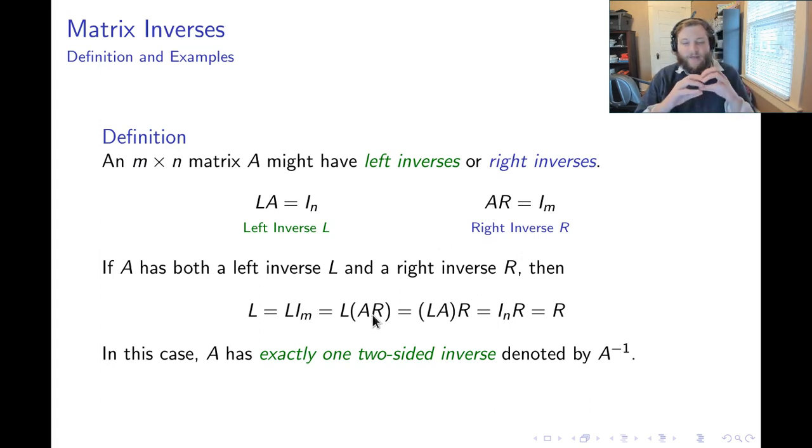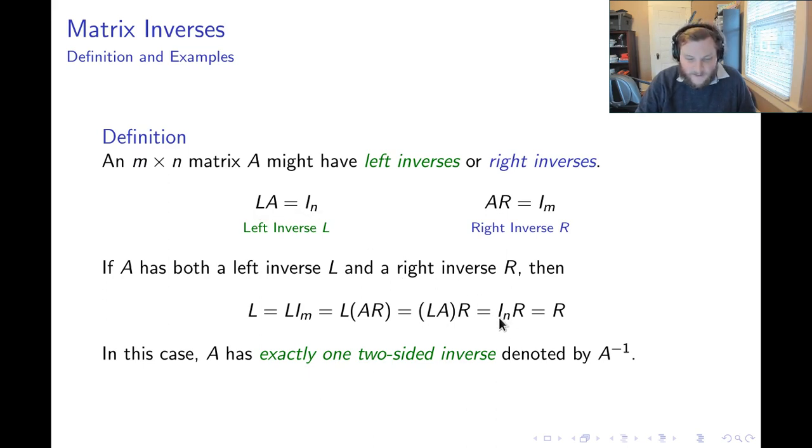And remember, with matrix multiplication, the order that we're writing the matrices in matters, but the way we group parentheses doesn't matter. So L times the product A times R is the same thing as the product LA times R. And since L is a left inverse, L times A is the n by n identity matrix.